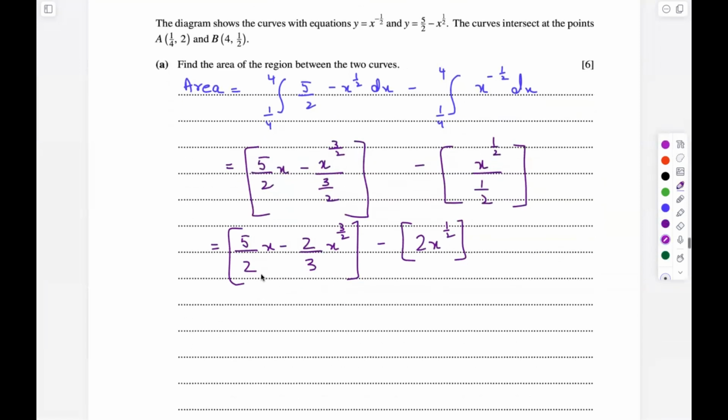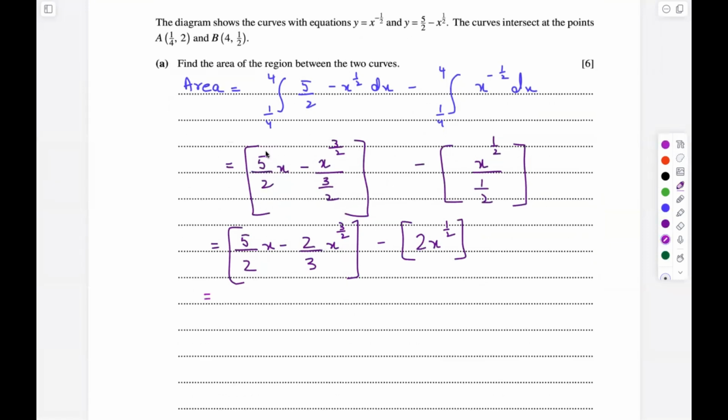Now applying the limits, the upper limit is 4, so this will be 5/2 into 4 minus 2/3 into 4 to the power 3/2. And we'll subtract the lower limit, which was 1/4, so 5/2 into 1/4 minus 2/3 into 1/4 to the power 3/2.